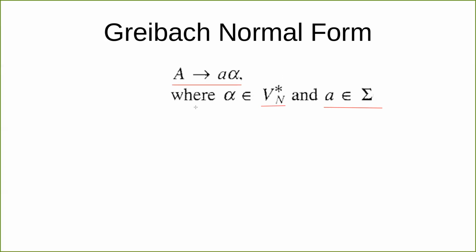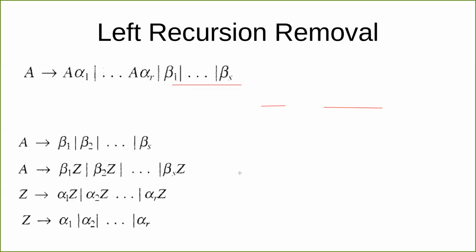Now, if a given grammar is not in GNF, how could we convert it into GNF? For that, one component is required, named left recursion. So first we discuss what left recursion is and how we can remove it.